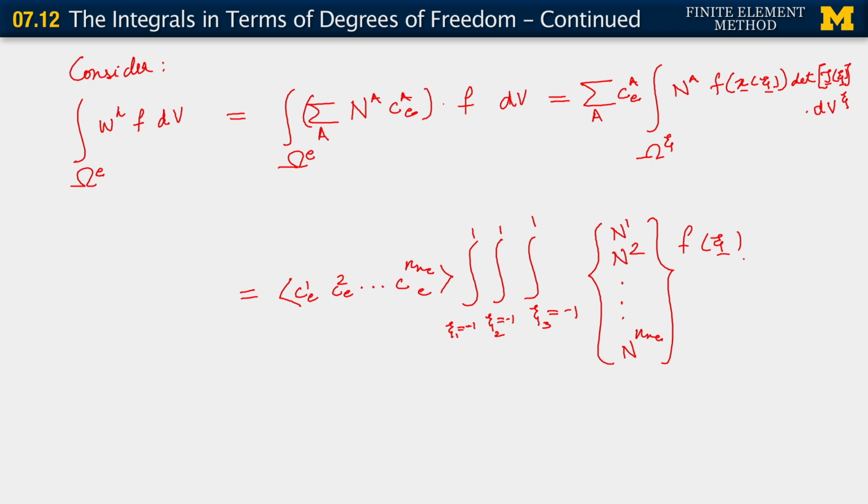There is an abuse of notation in using the same symbol f, but I will just adopt that abuse of notation, right? And then we have the determinant of J, a function of that position. Okay, we have this, and we observe that this integral is over dxc1, dxc2, dxc3.